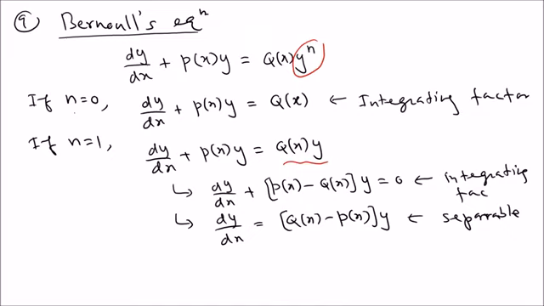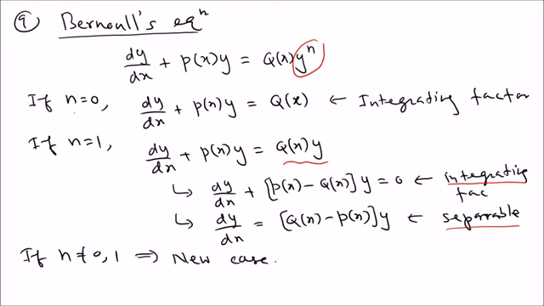The n equals 1 case, you can solve in two different ways, either the integrating factor method or the separation of variables method. So what we are interested in is the case where n is not equal to any of those numbers. That means if n is not equal to 0 or 1, we have a new situation.